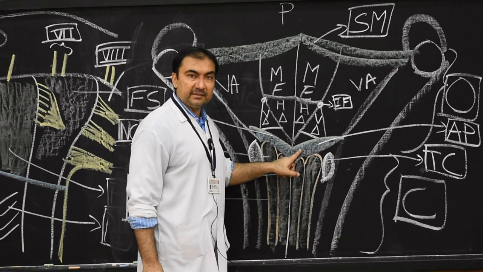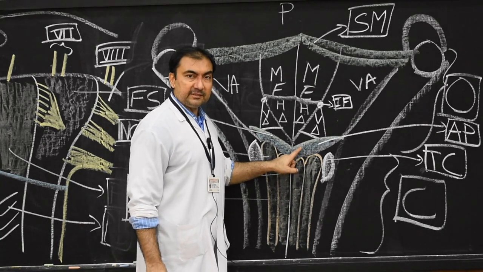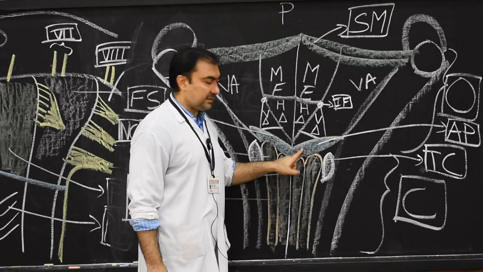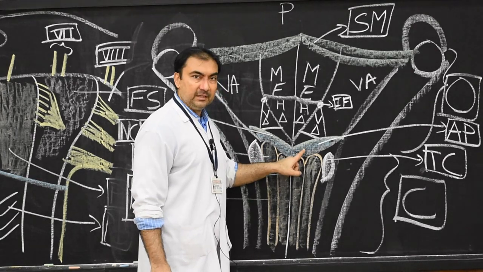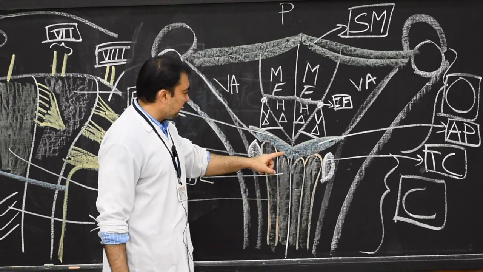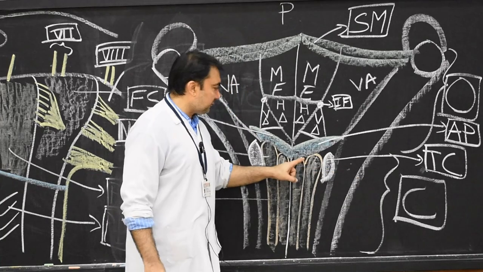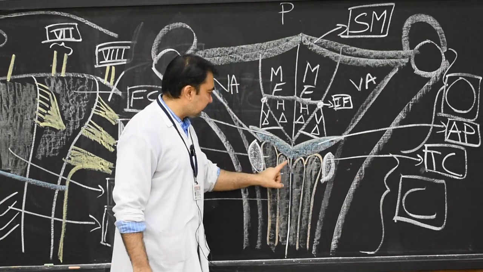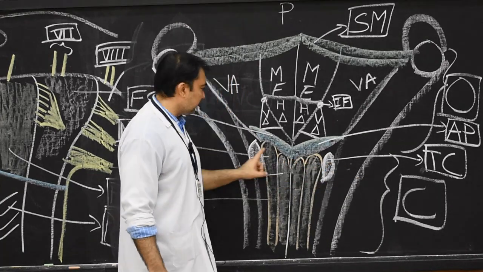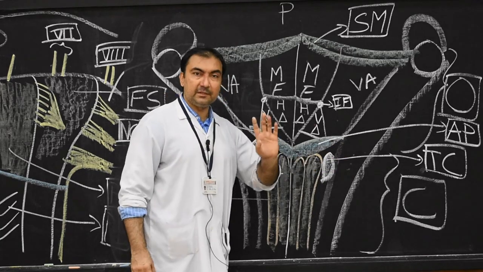Because respiratory centers are located here. The respiratory centers and the vomiting centers are located in the area postrema. And immediately below the area postrema will be the start of the closed part of medulla oblongata with fasciculus gracilis, fasciculus cuneatus, tuberculum cinereum and the inferior cerebellar peduncle.